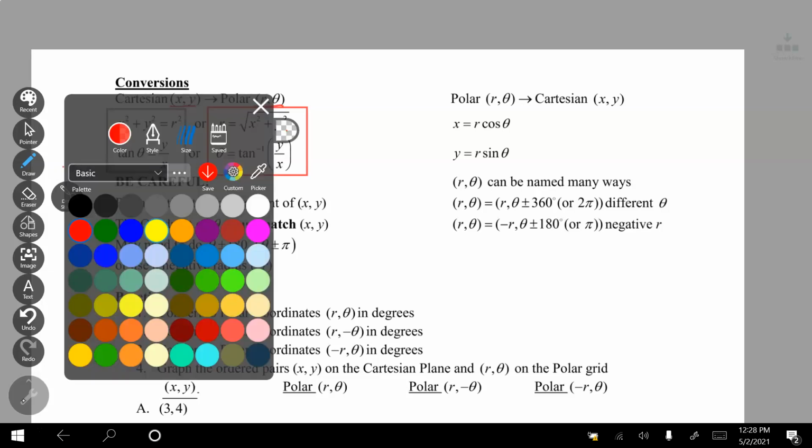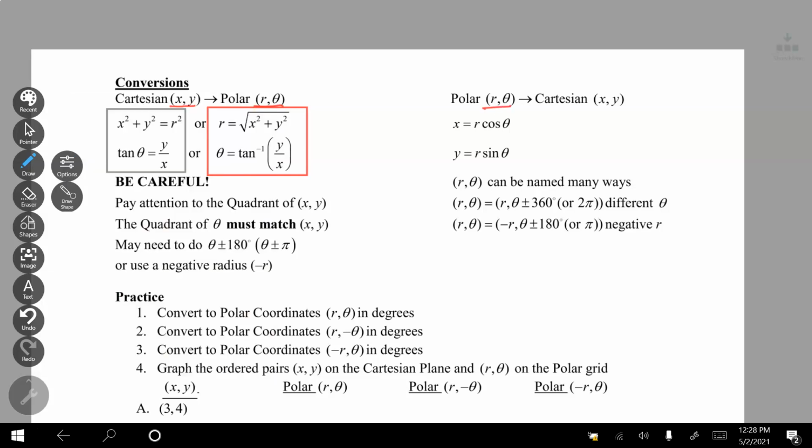And if we have r's and thetas and we convert them to x's and y's, well, again, this is really the same two equations we've been using to get the x and y component for a vector.